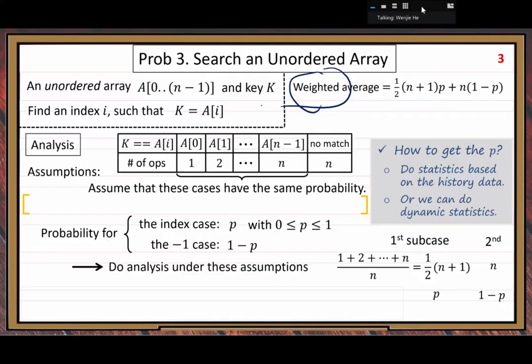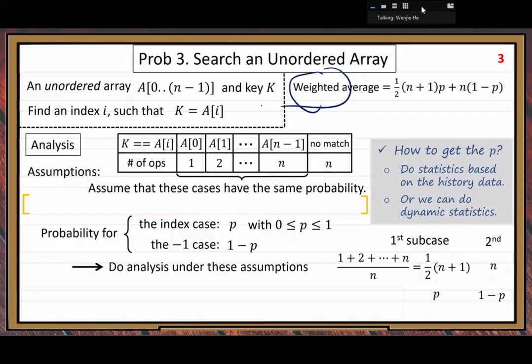That's the understanding of our average meaning here. How do you do the average? We do the weighted average. What are the weights? Their corresponding probabilities. That's the weights. So this is your final formula for the average case efficiency for this problem.